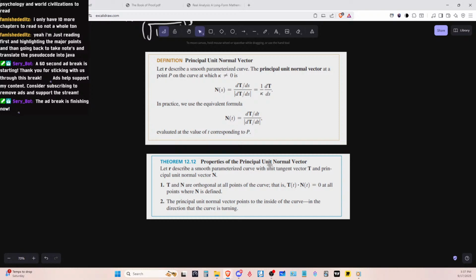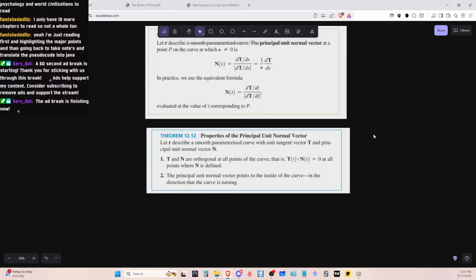Let's see, the properties of the principal unit normal vector. Let R describe a smooth parameterized curve with the unit vector T and a principal unit vector N. T and N are orthogonal at all points of the curve.